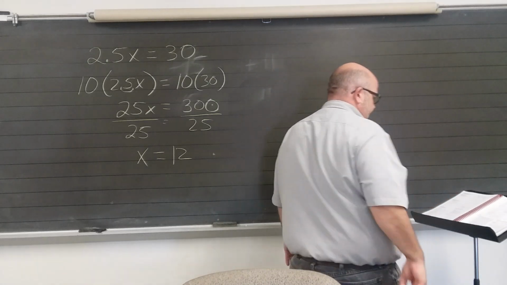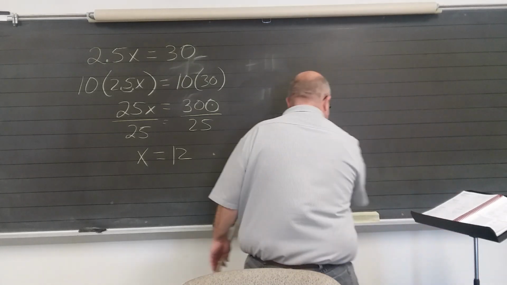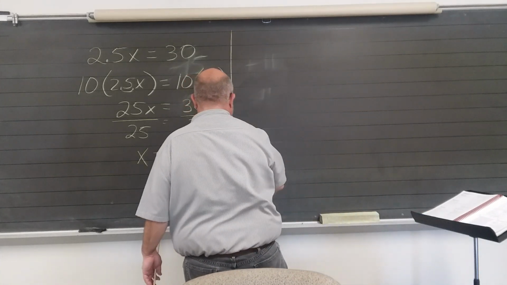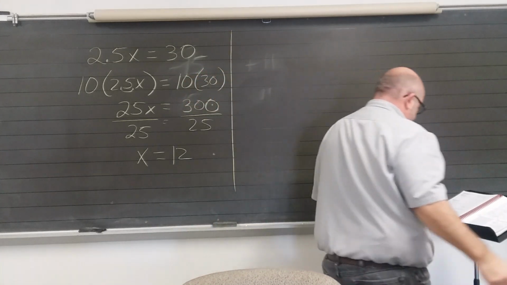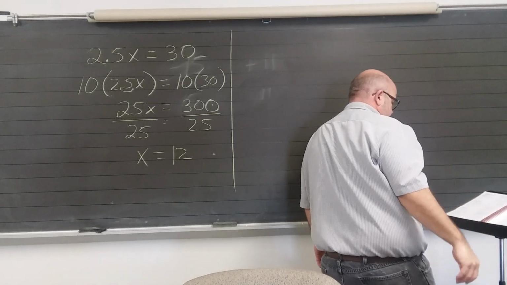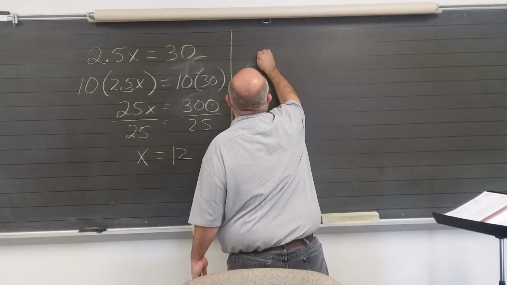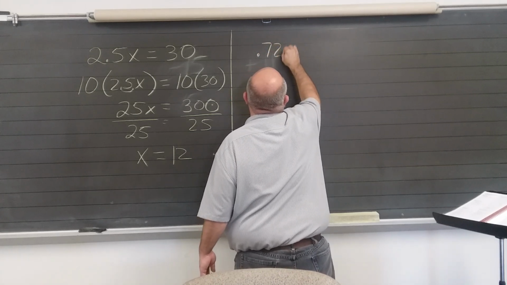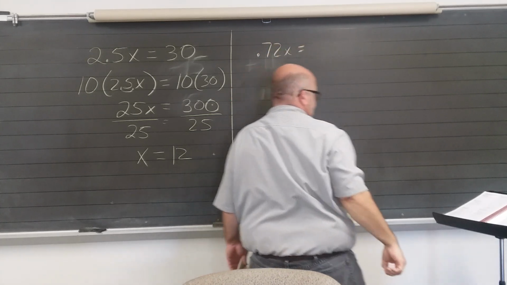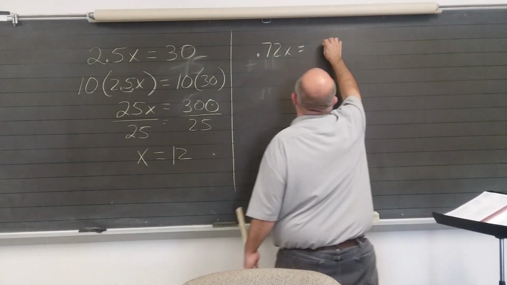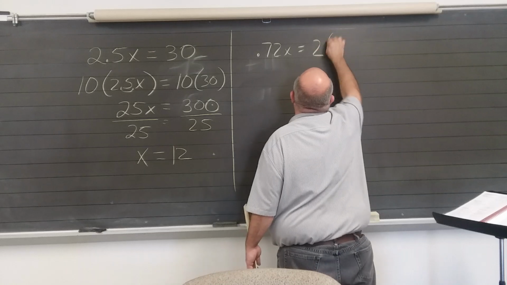All right, let's do one where we have decimals on both sides. How about 0.72x equals 2 times 2.52.